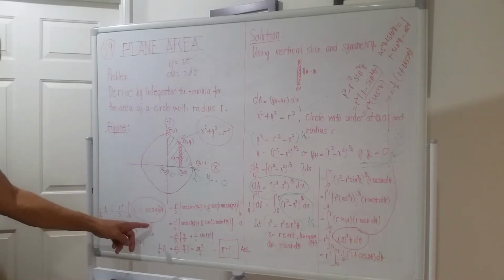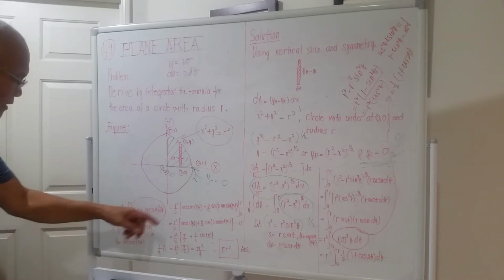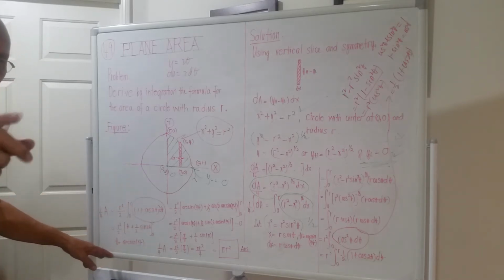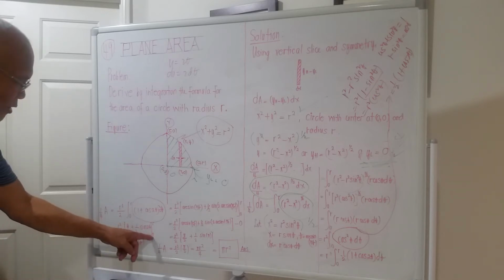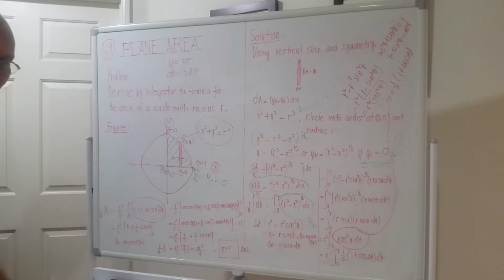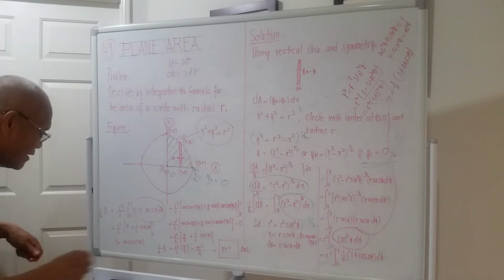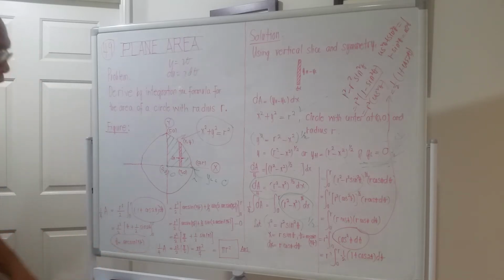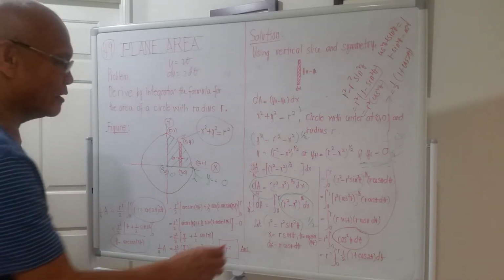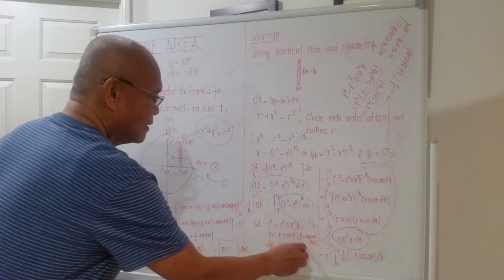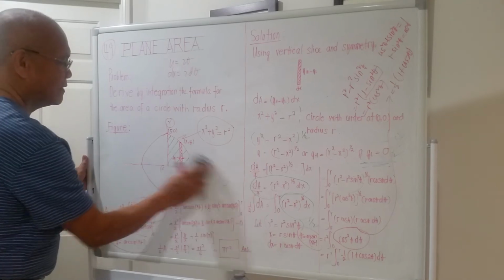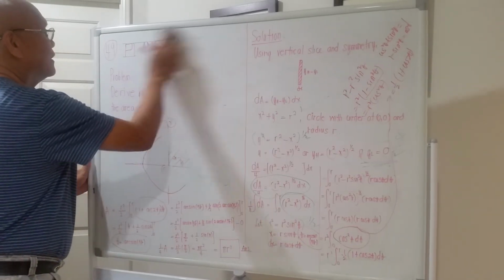Okay, to place the limit, we replace theta in terms of x because 0 and r are actually abscissas. It's not an angle. Okay, and theta is actually arcsine of x over r. It came from this.